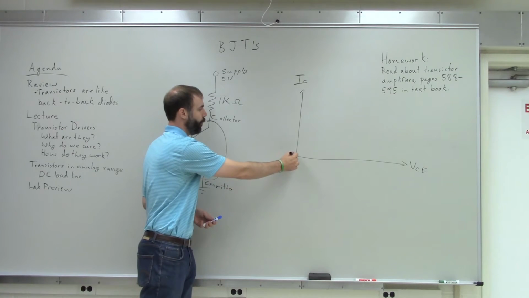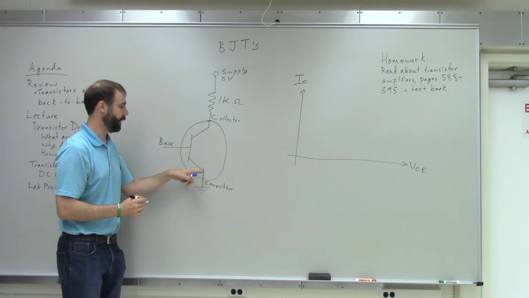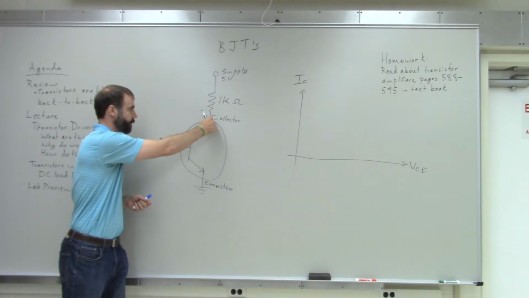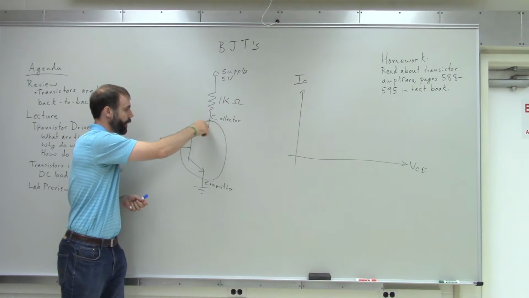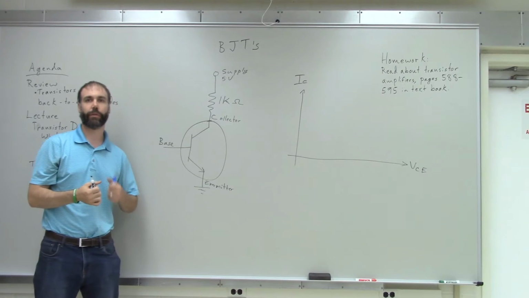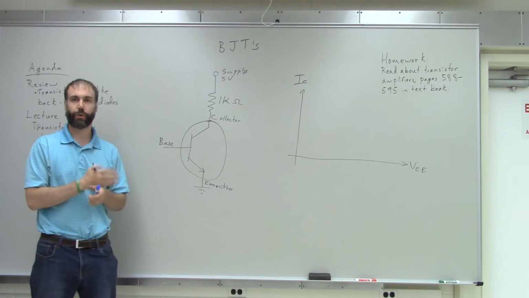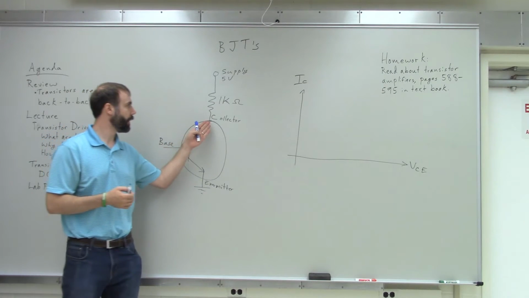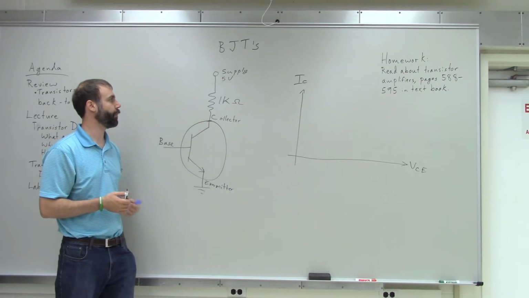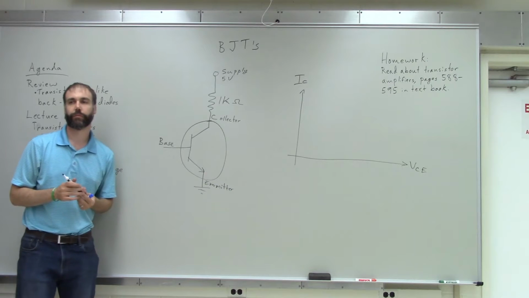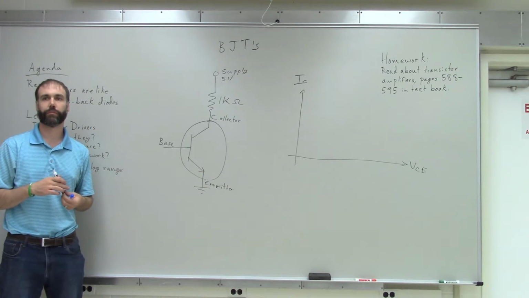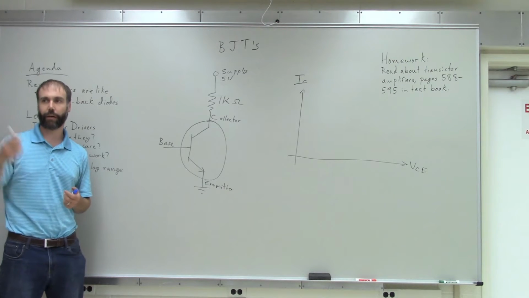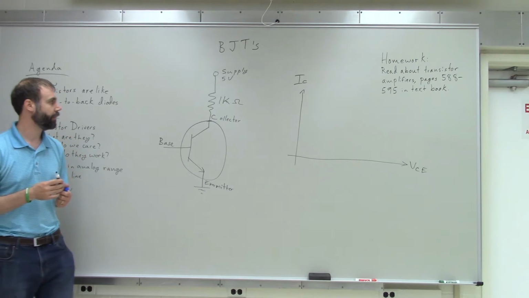Imagine that I have no voltage between the collector and the emitter. That is to say that the transistor is acting pretty much like a wire. Okay, so it's totally on, like we saw a minute ago. How much current would be flowing through this circuit? Yeah, 5 milliamps, exactly.